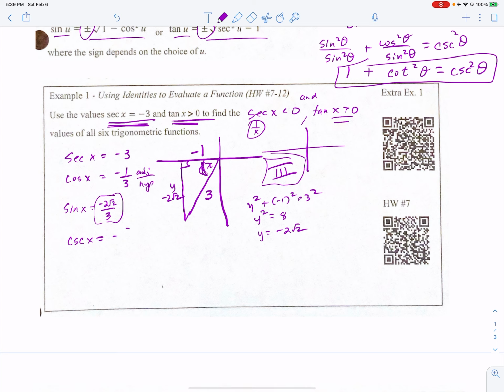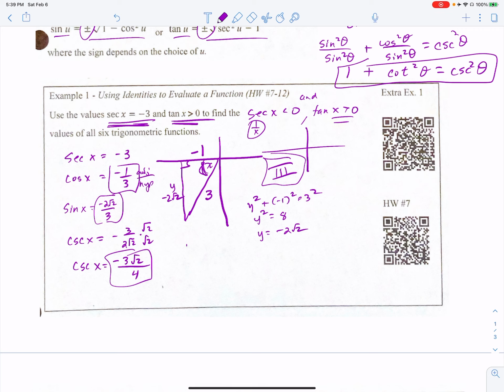So it's negative 3 over 2 root 2, but we are going to rationalize by multiplying by root 2 over root 2. And the cosecant of x is going to be negative 3 root 2 all over 2 times root 2 times root 2 is 2. Excuse me, 4. Sorry. It's 2 times 2, which is 4. So there's the cosecant. So we have cosine, we already had secant.